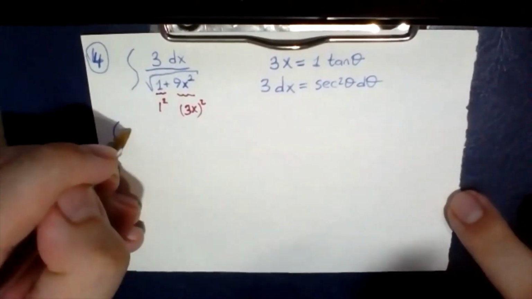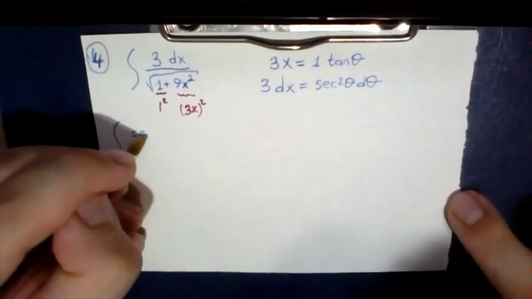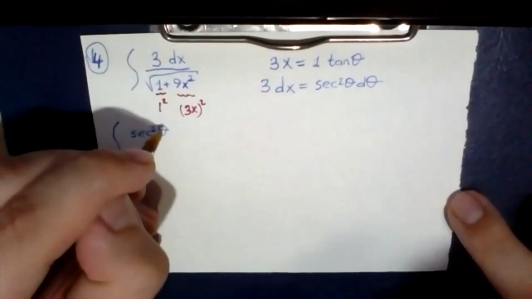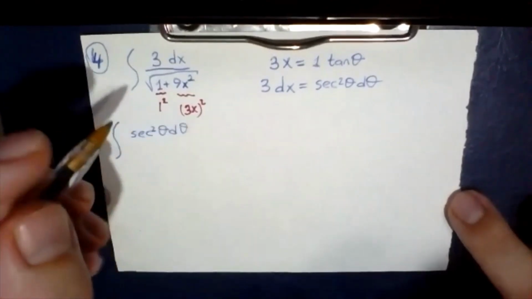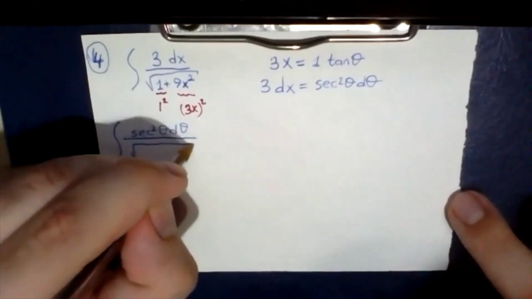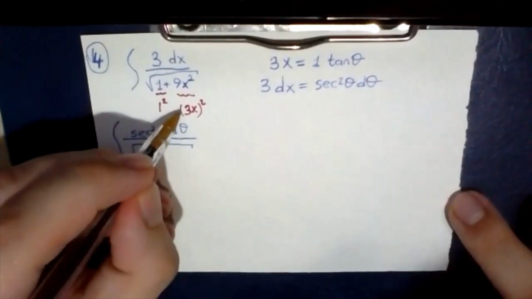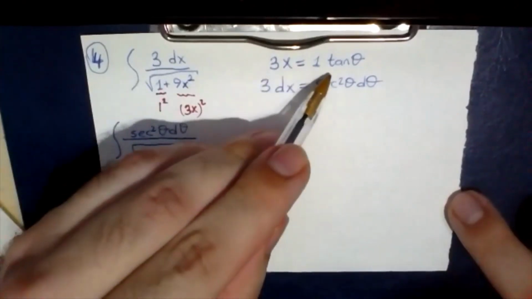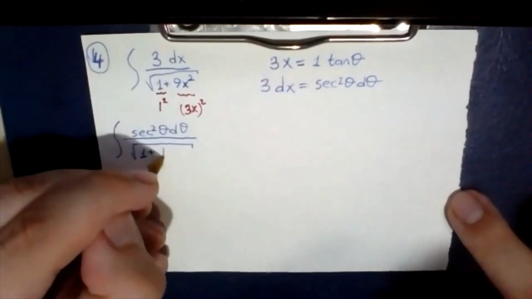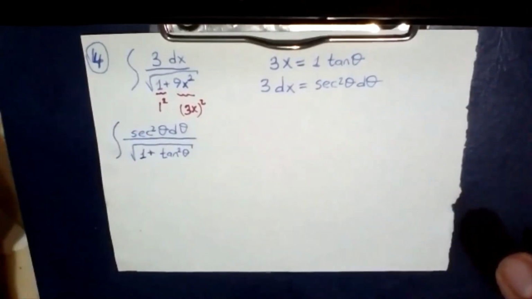Instead of 3 dx, we can write secant square theta d theta over square root of 1 plus 3x squared. 3x was tangent theta, so it will be tangent theta squared, which is tangent square theta.